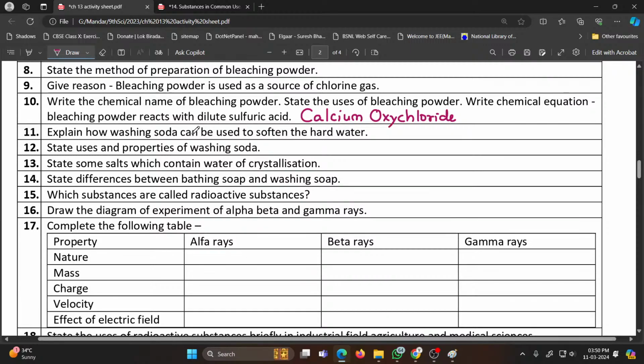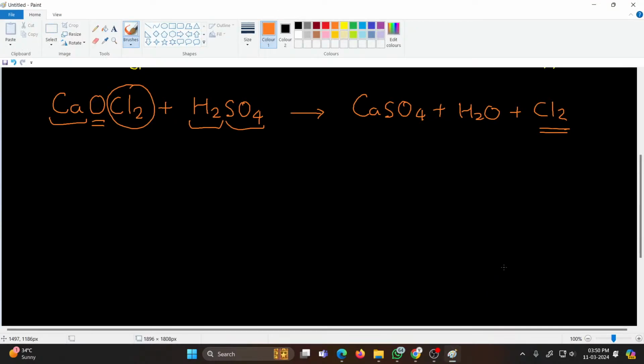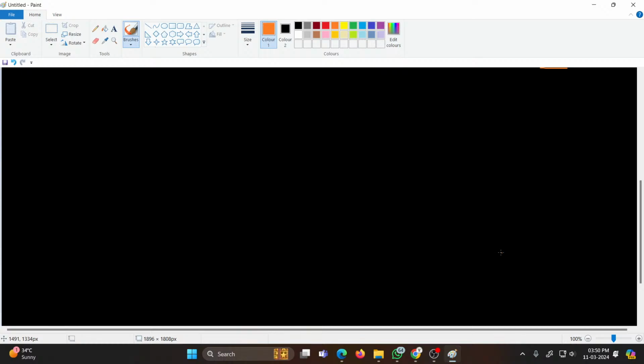Explain how washing soda can be used to soften the hard water. Now, this is a little bit longer answer. So, what is hard water? Basically, hard water is water which cannot form foam with the soap.